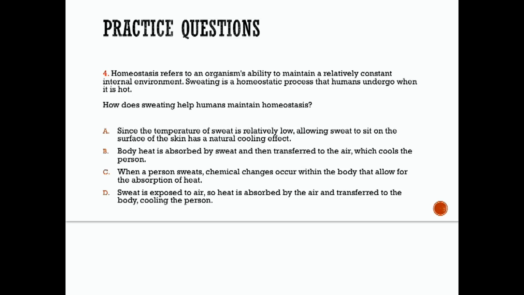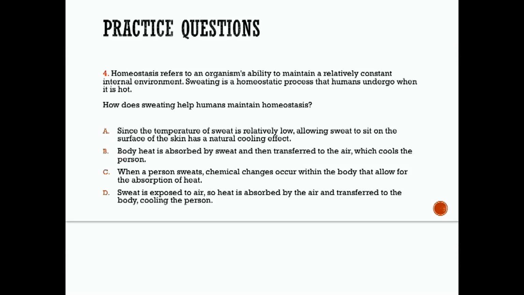So, in order for a substance to evaporate, it must absorb heat energy, right? So if this substance is water, like sweat, it must absorb a lot of heat energy. So since water has a very high specific heat, body heat is absorbed by sweat and then transferred to the air, which cools the person off.